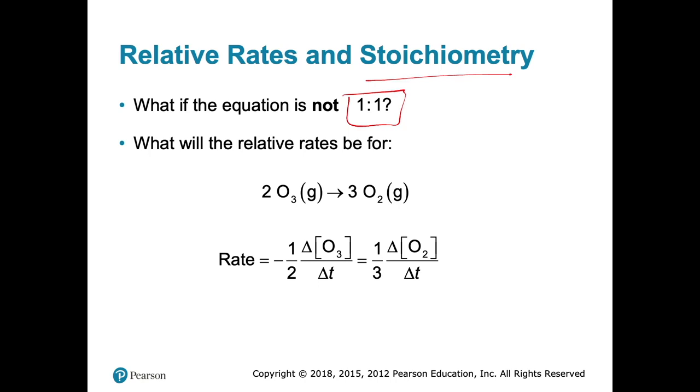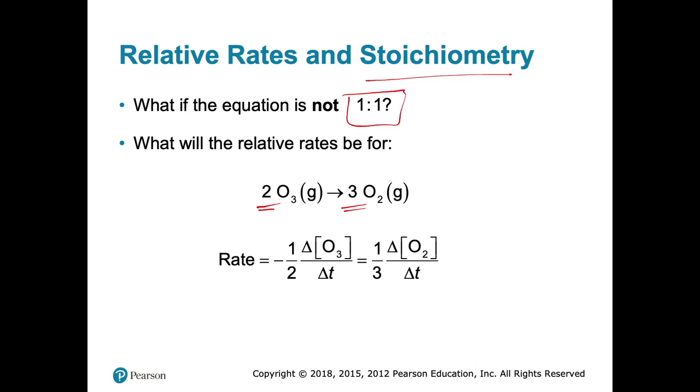But when we wrote that reaction out, the balanced chemical equation was a one-to-one ratio for all the reactants and all the products. So what do we do when it's not a one-to-one ratio, like this one here, where we have ozone decomposing into oxygen, and the ratio is actually 2 to 3? What do we do with that?